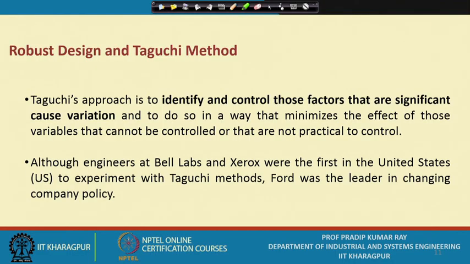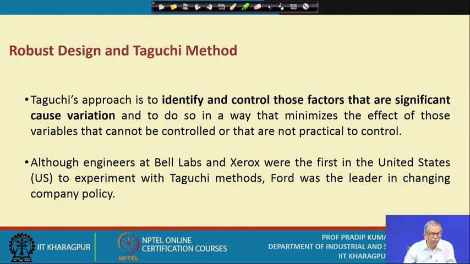Okay. Now Taguchi's approach is to identify and control those factors that significantly cause variation, and to do so in a way that minimizes the effect of those variables that cannot be controlled or that are not practical to control. So this is the point to be noted.